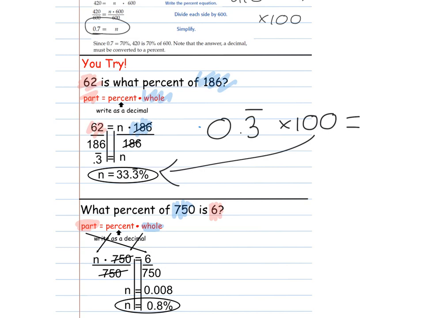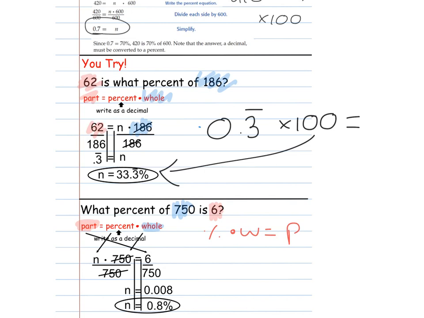Writing this through, I flipped it so our variable is on the left side, so it's percent times whole equals part. It doesn't matter, it is still going to be the same answer. So we have n times 750 equals 6.